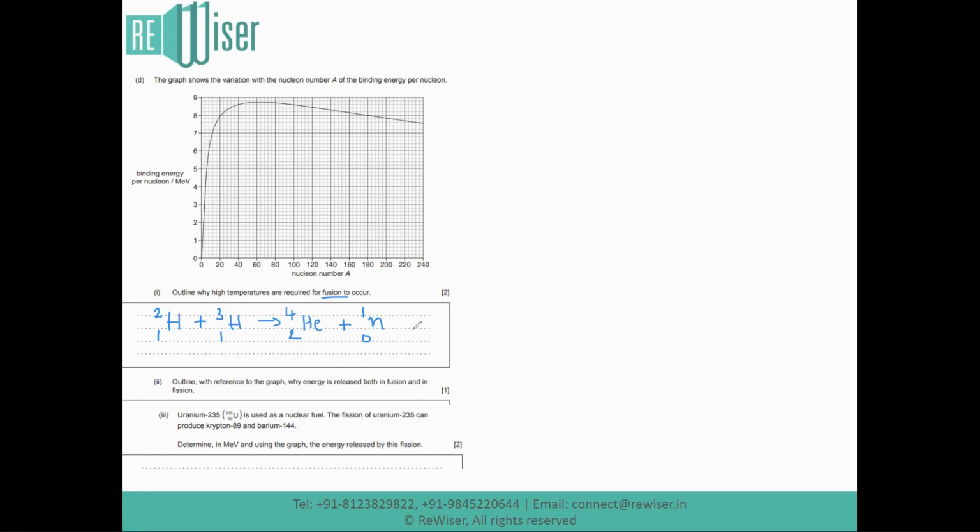This is specifically because the energy required to overcome the electrostatic repulsive forces, and the strong and weak nuclear forces within the two nuclei are very high.